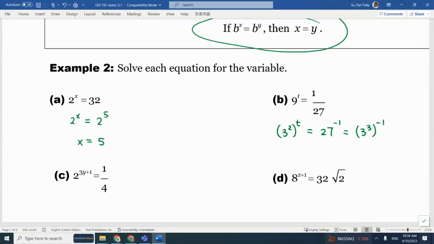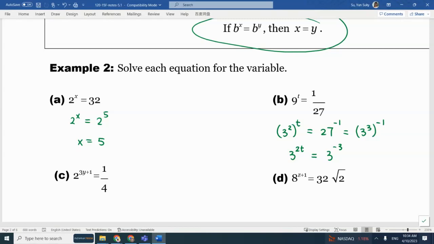Okay. See, you're going to be familiar with the numbers. The calculator does not help. Right? Okay, so, what do we do to the exponents? We multiply, right? So this is 3 to the 2t. How about on this side? What do we do to the exponents? Multiply. Yeah, 3 to the -3.